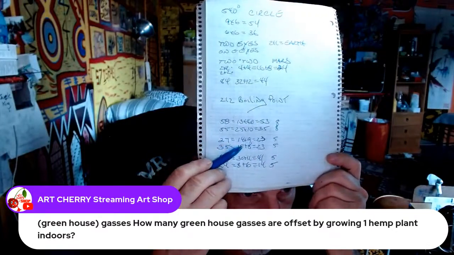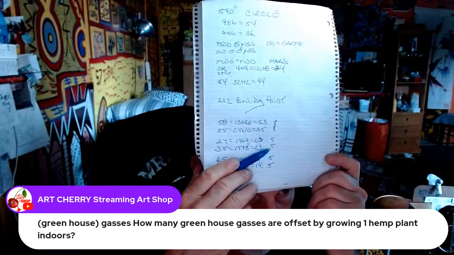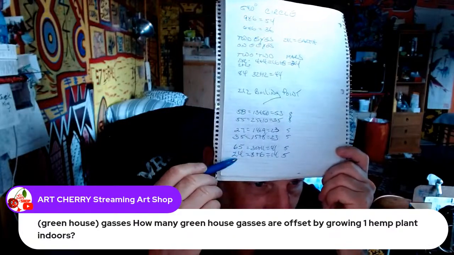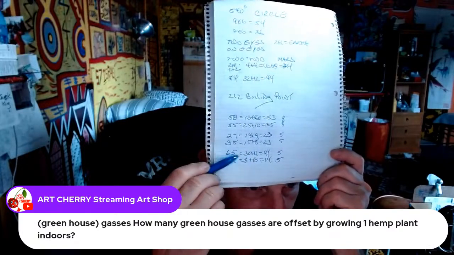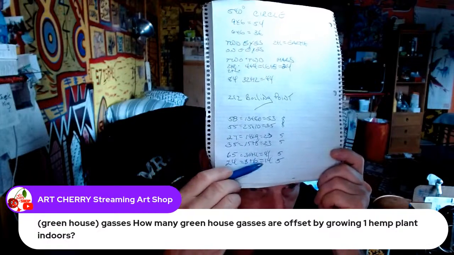These two numbers will have this result equaling to that. This and this equals this. 6 times 5, 6 plus 5, 2 times 4, 2 plus 4.